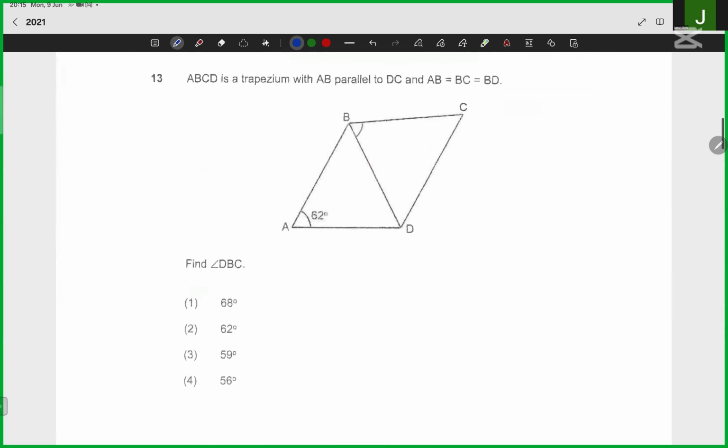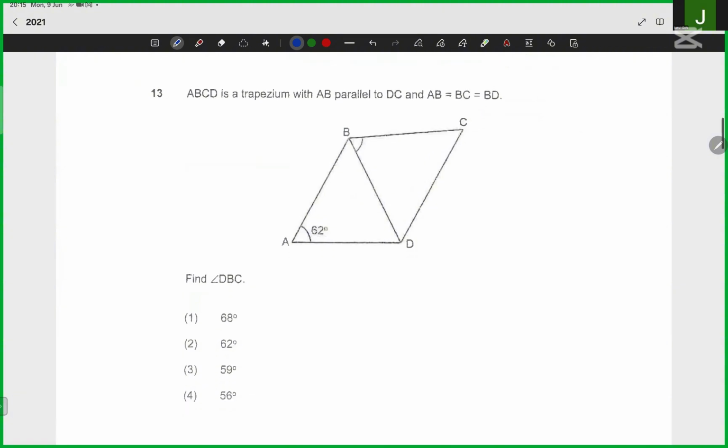Question 13. ABCD is a trapezium with AB parallel to DC. And AB equals BC equals BD. Wow, so many equal sides.